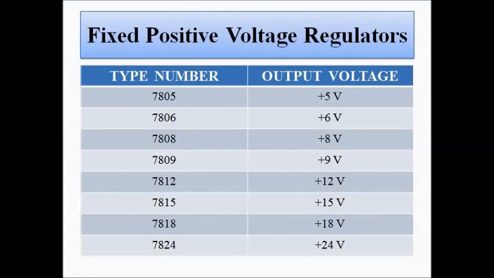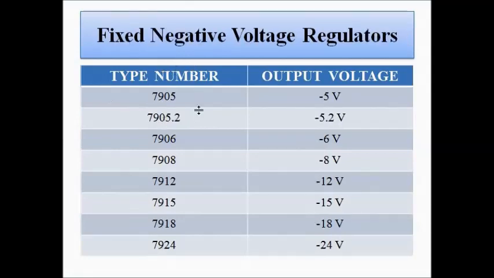Next we have the fixed negative voltage regulators. Here also the configurations are the same, just the difference is that here 79 is common in all the IC numbers. 79 denotes that the voltage will be negative DC, and the remaining two digits denote the magnitude of the negative voltage.